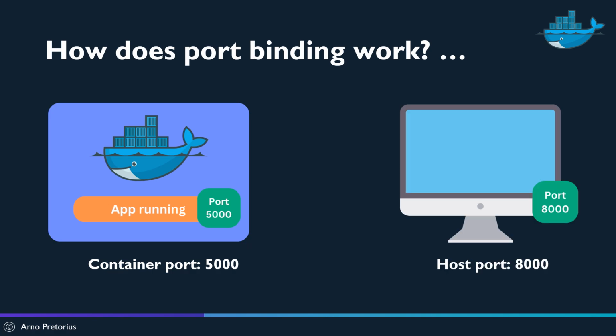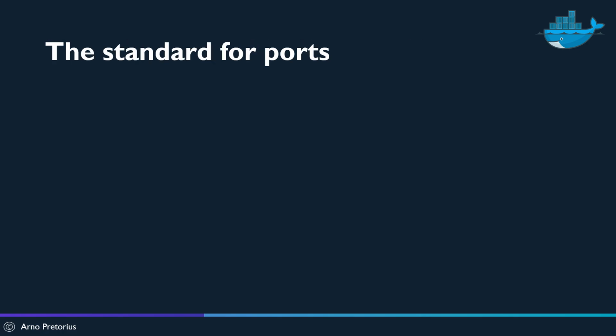I need to instead set the host port via port binding so that I can access my application running in the container port. So you cannot directly access your container. You need to utilize port binding, so you bind your host port and your container port together so that you can access your application running within your Docker container inside its internal network.